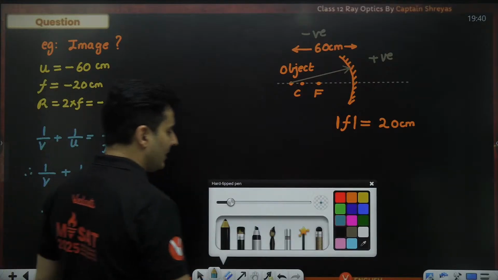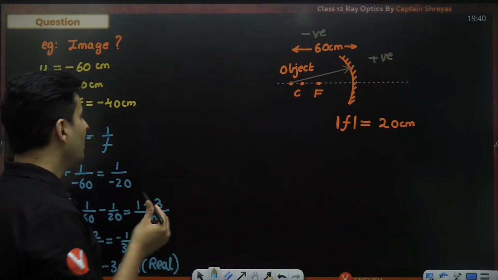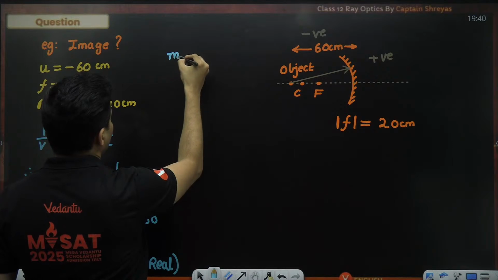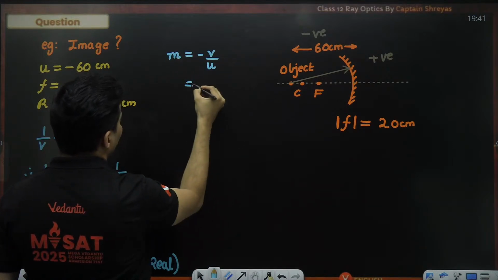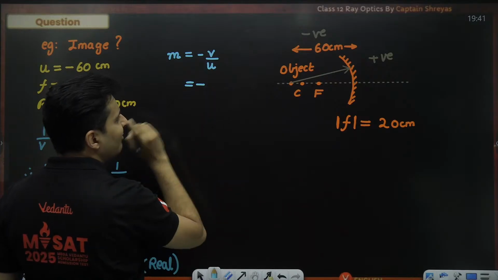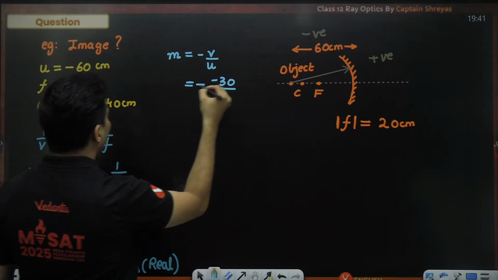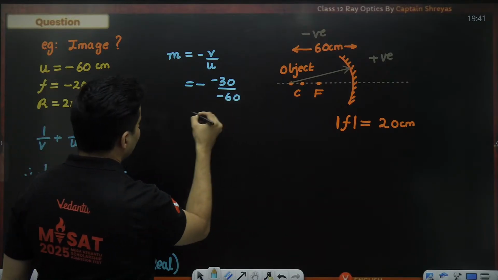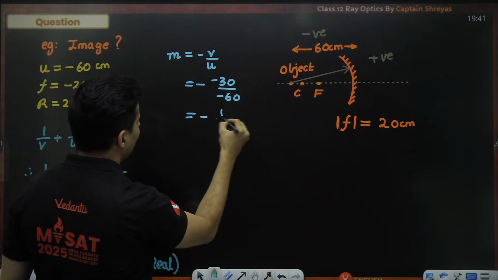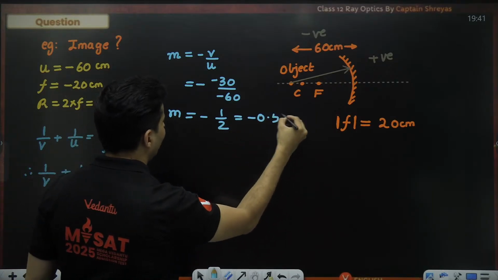Okay. Next step, let's figure out the magnification. Magnification is normally minus v by u. Minus v is minus 30, so I'll put minus 30 over here. Object distance is minus 60. 3 minuses will give me 1 minus and this will become minus half, so it's as good as saying minus 0.5.